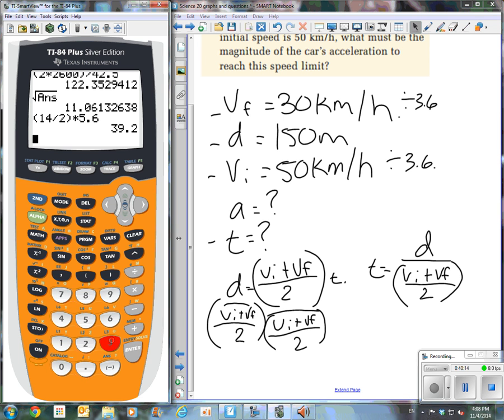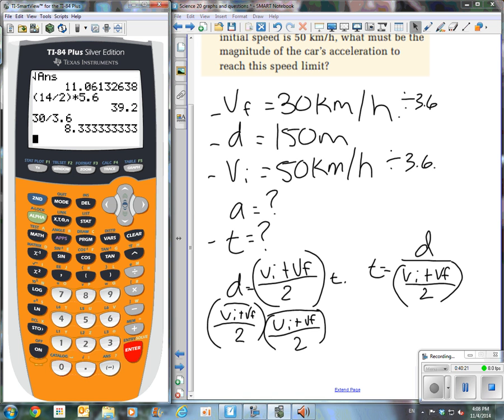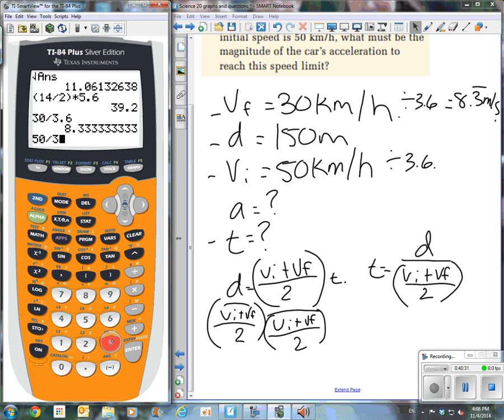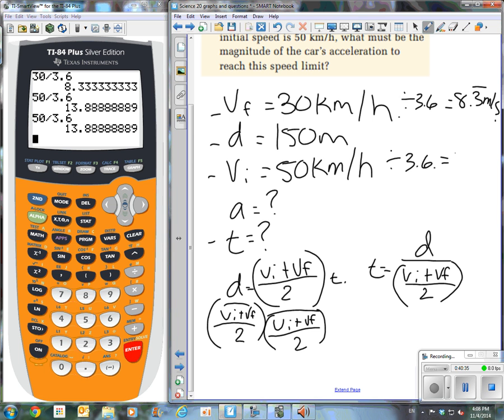So 30 divided by 3.6, and I get 8.3 repeating meters per second. And then I've got 50 divided by 3.6, and I get 13.8 repeating meters per second.